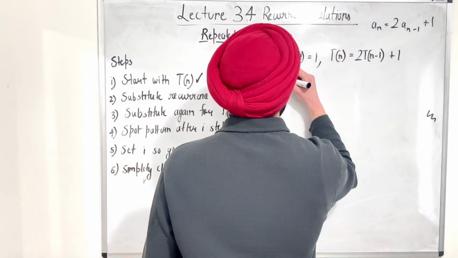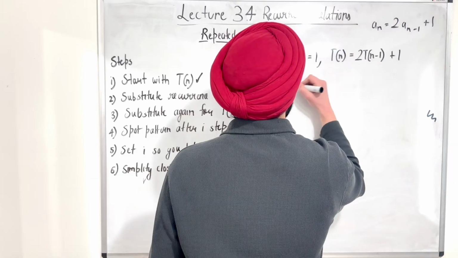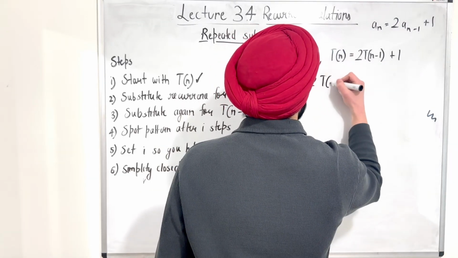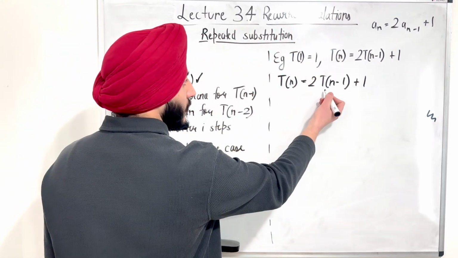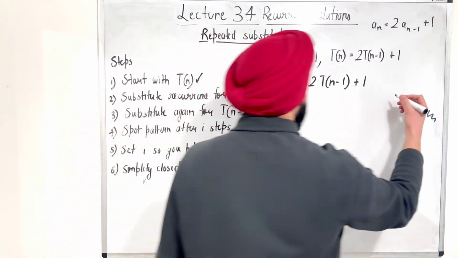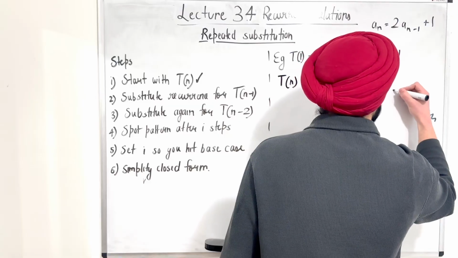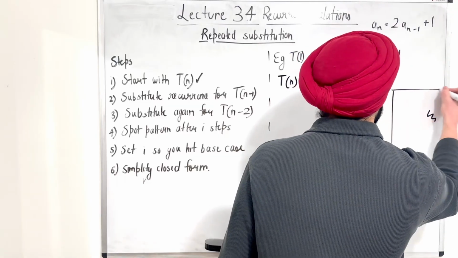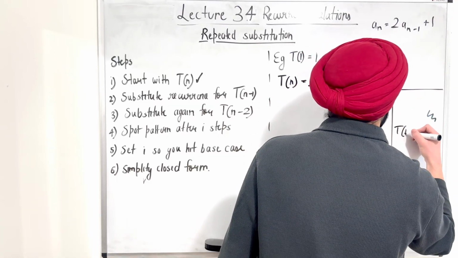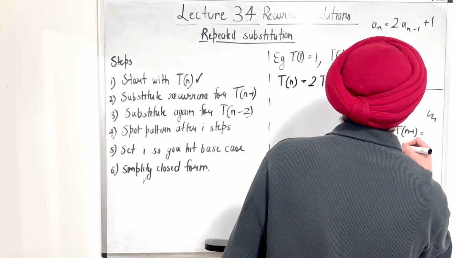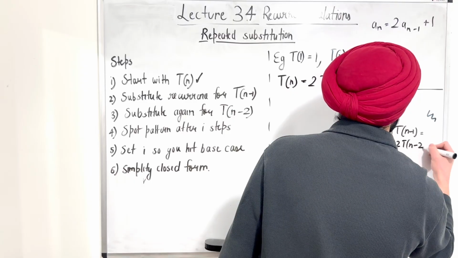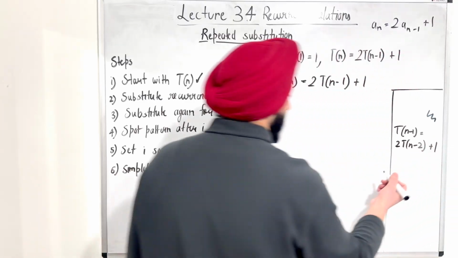So I start with Tn equals Tn minus 1 plus 1. Now I'm going to substitute Tn minus 1. I'll write down the formula on the side. Tn minus 1 equals Tn minus 2 plus 1. Right, this is going to be the formula.